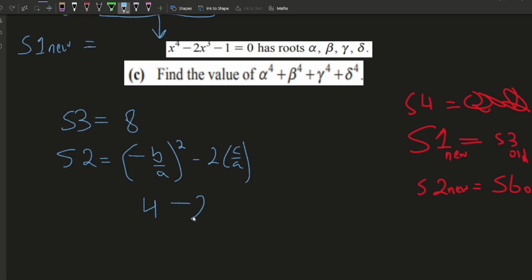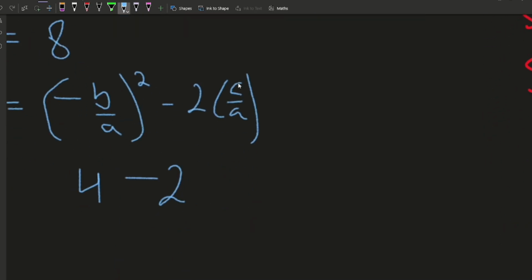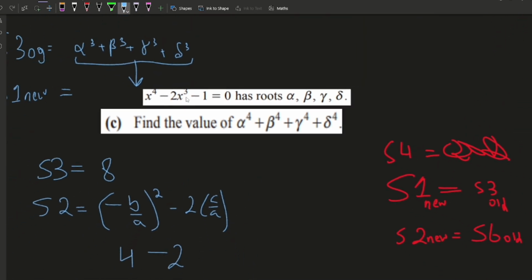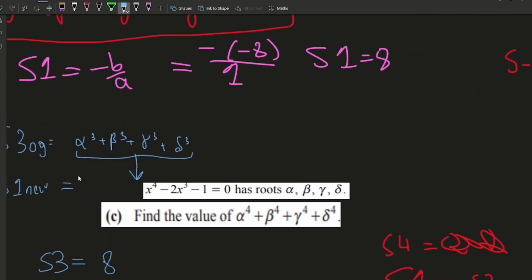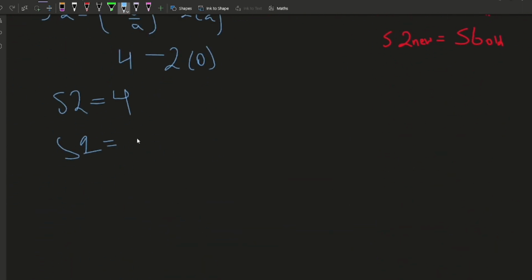Yeah, this would be 4 minus 2 times the value of C. We have no value of C, so this is basically 0. So S2 is equal to 4. Now what is S1 equal to? S1 is equal to minus B over A, which is 2.